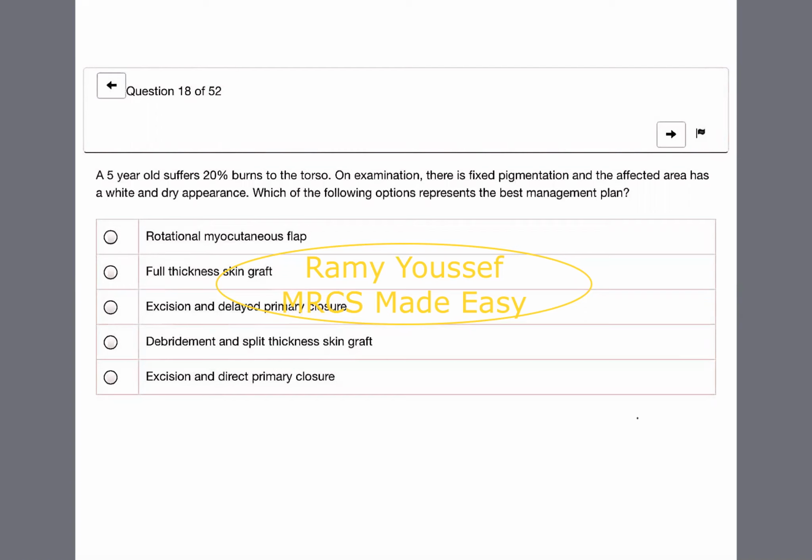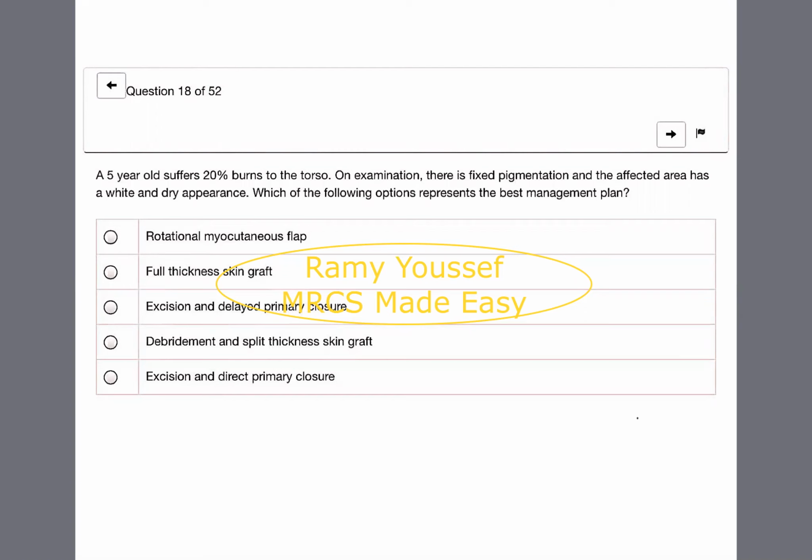Like we had last time, if you have a defect on the face or nose, if it is small, you can use a rotational skin flap. If it is big and you can't close it, like rhomboid and very big, you can use a full thickness skin graft. You can take it from a smooth area like behind the ear and something like this.